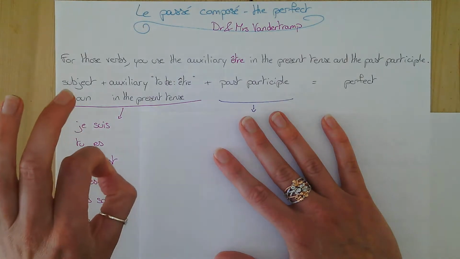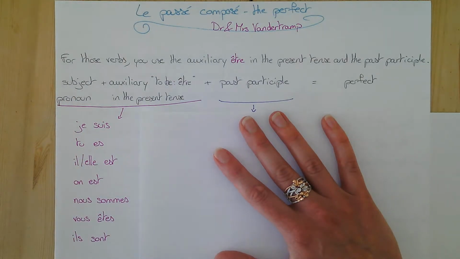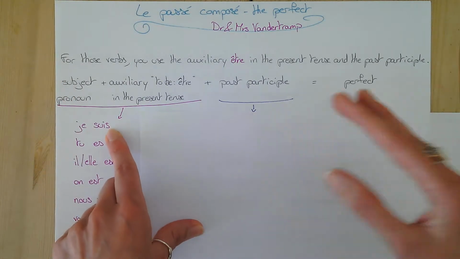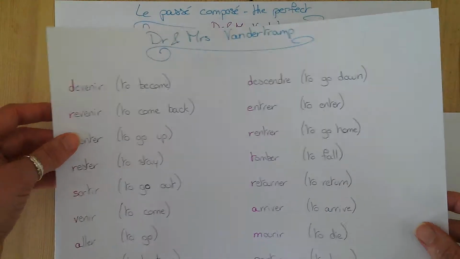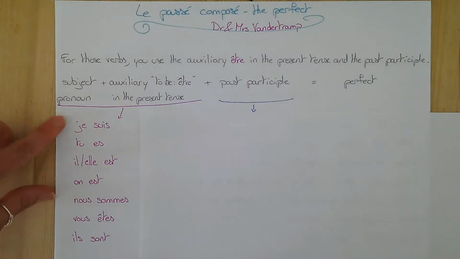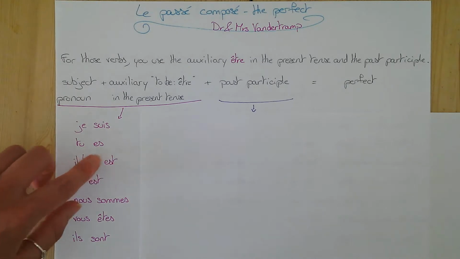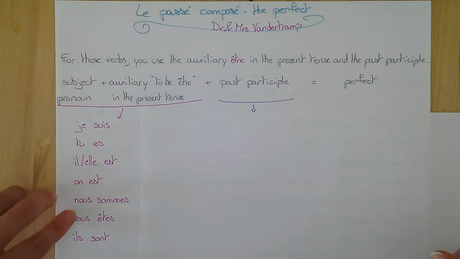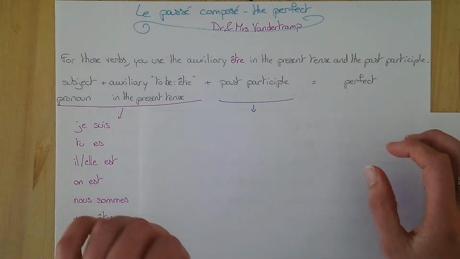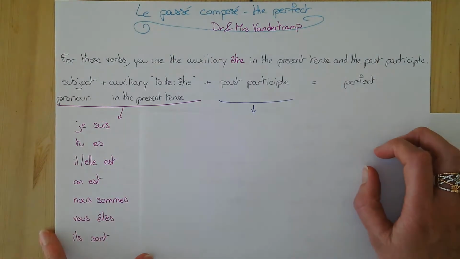So stick to the translation with I have arrived or I arrived, but just bear in mind that once again, for those verbs, you use the verb to be. So I am, you are, he or she is, we are, you are plural, and they are. I forgot to put elle here, but obviously you can put it too. So that beginning is different.